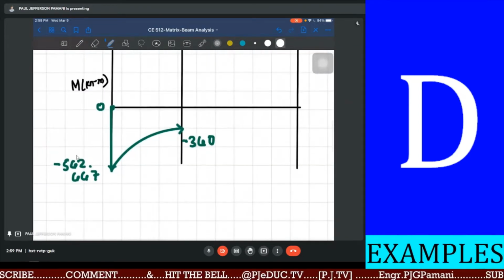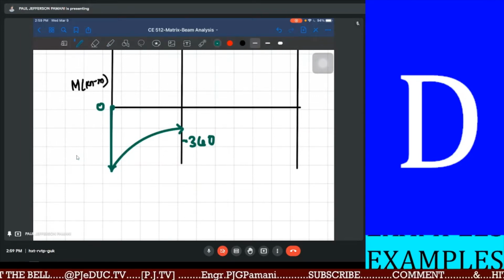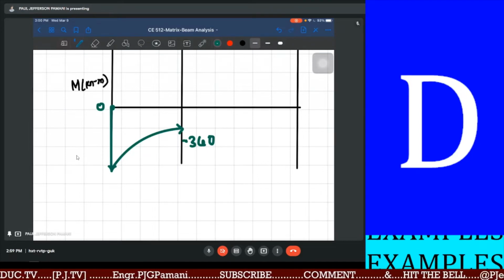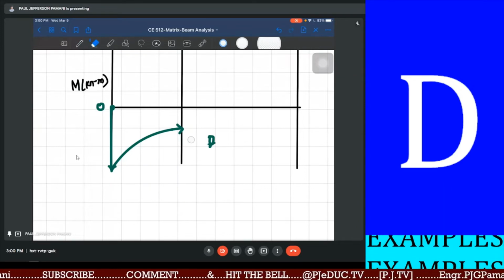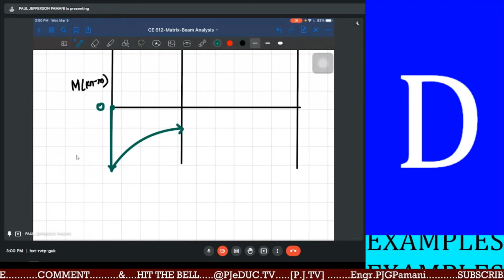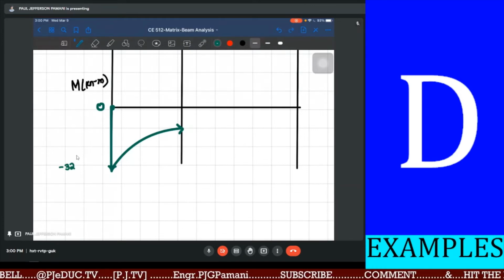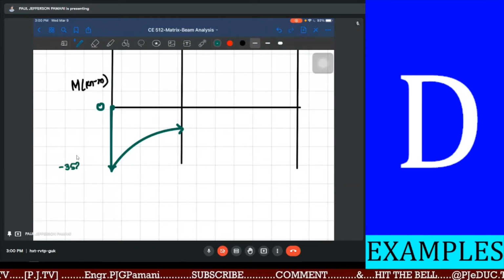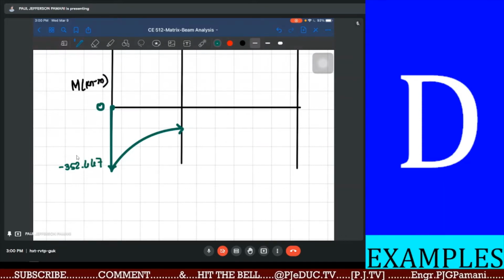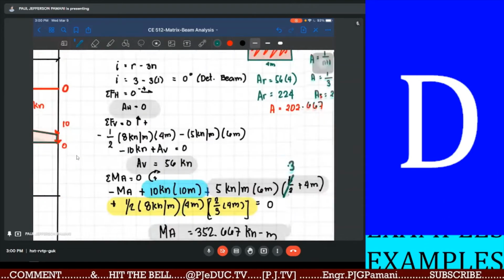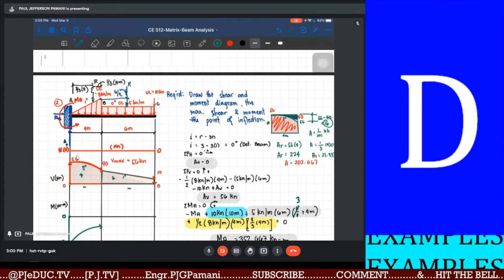So that is, anong 3? Ayun. 6/2 centroid nung ating resultant.